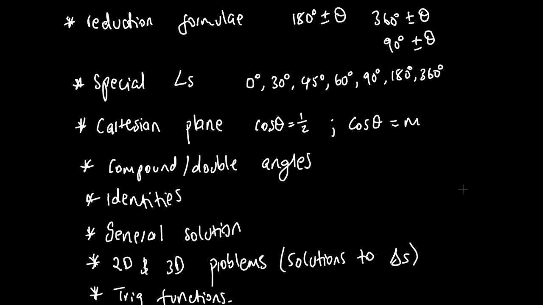Now trig is plus or minus 45 marks in your end of year exam, in your paper 2. So it's almost a third of your paper 2. In fact, if you're mastering trig, you've already passed the paper. The others are just to supplement. It's actually very easy to pass paper 2.